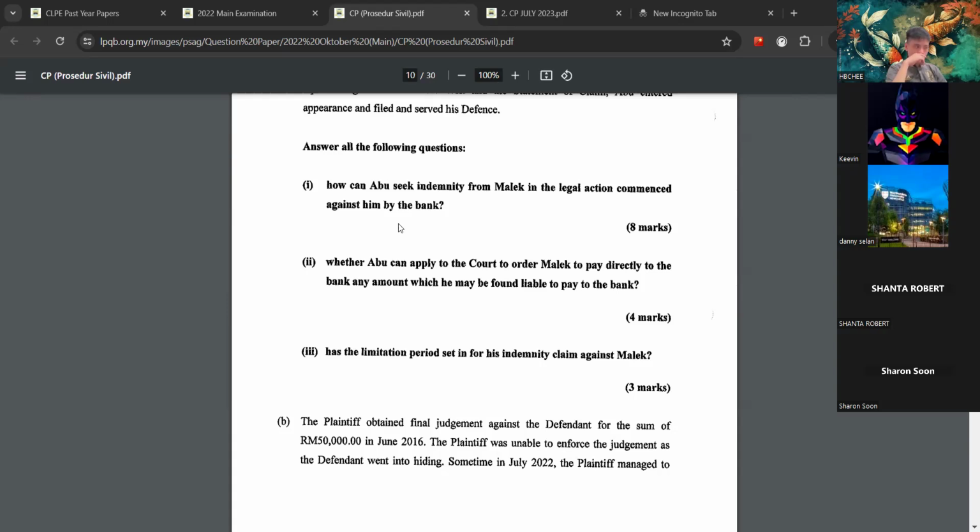Because Order 16 Rule 4 is the third party direction, during which the court will give directions as to what the parties should do. So it is unlikely Abu can ask Malek to pay directly to the bank. It's up to the court's direction whether Malek has to pay. Is that okay?